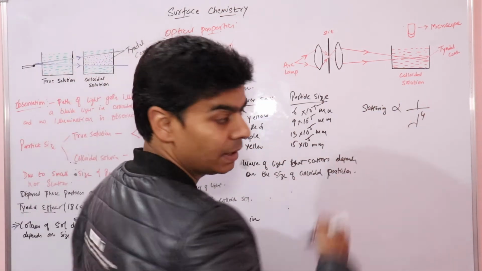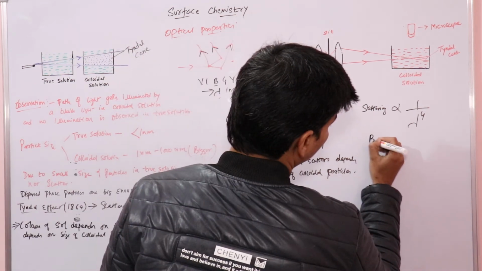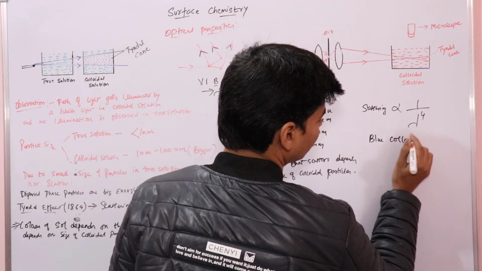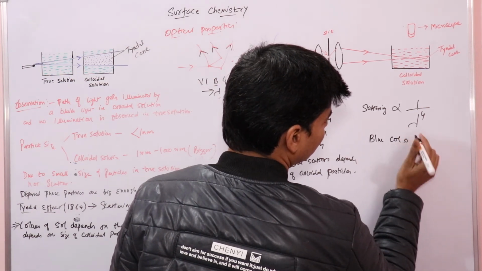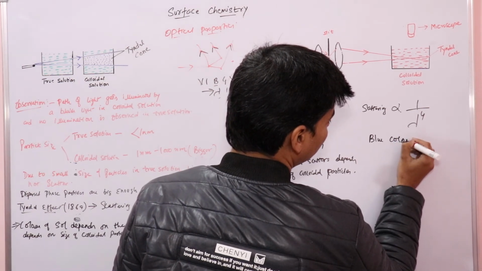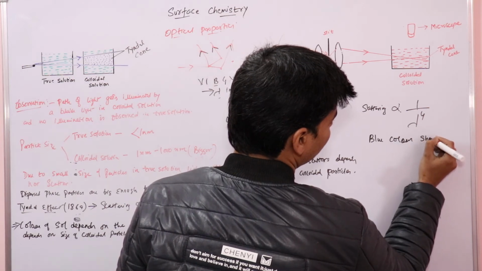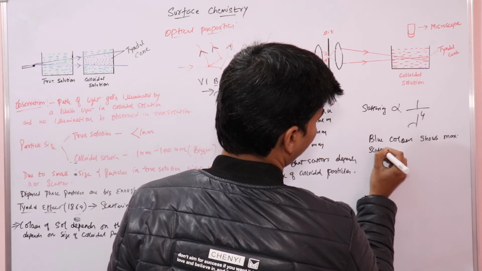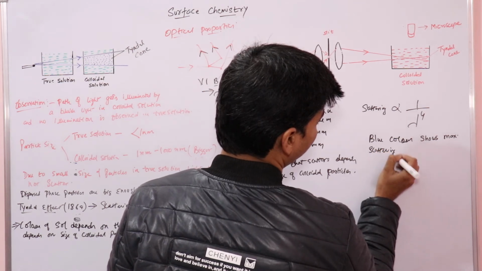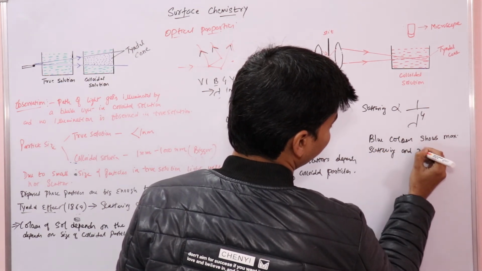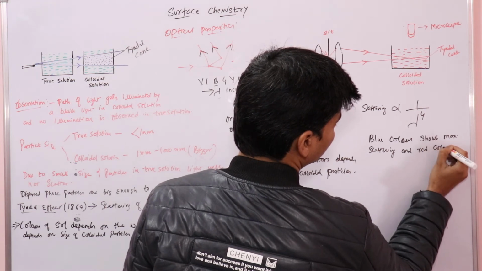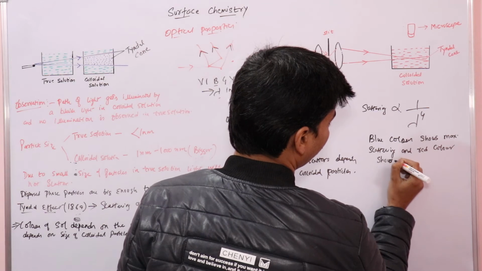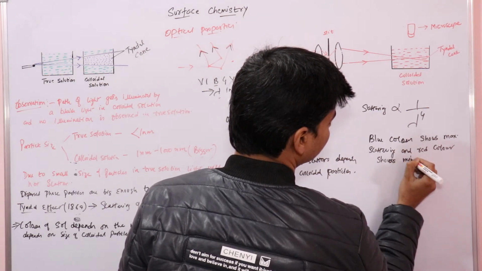So based on Rayleigh scattering, we say that blue color shows maximum scattering and red color shows minimum scattering.